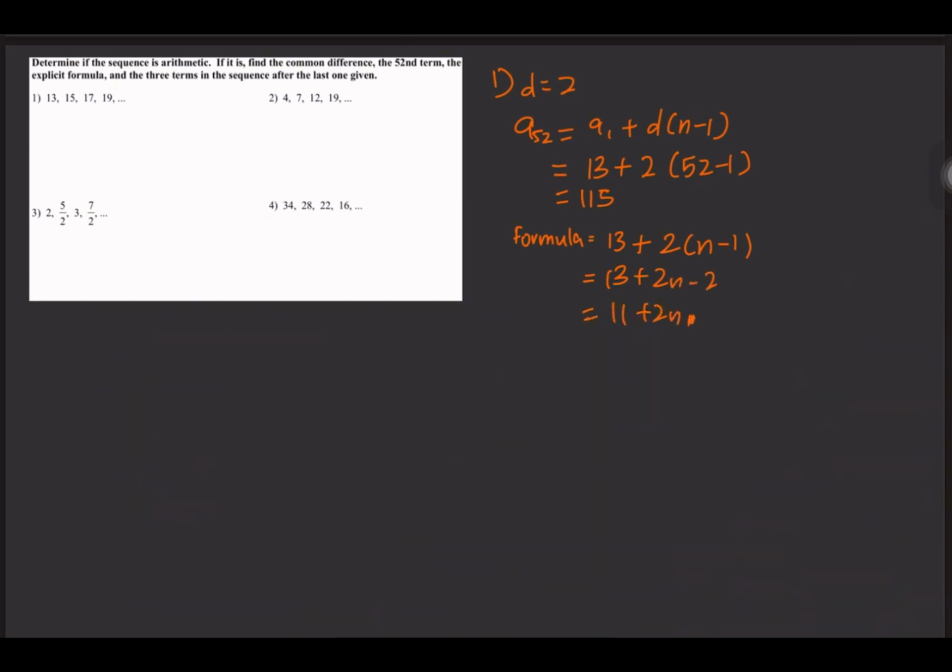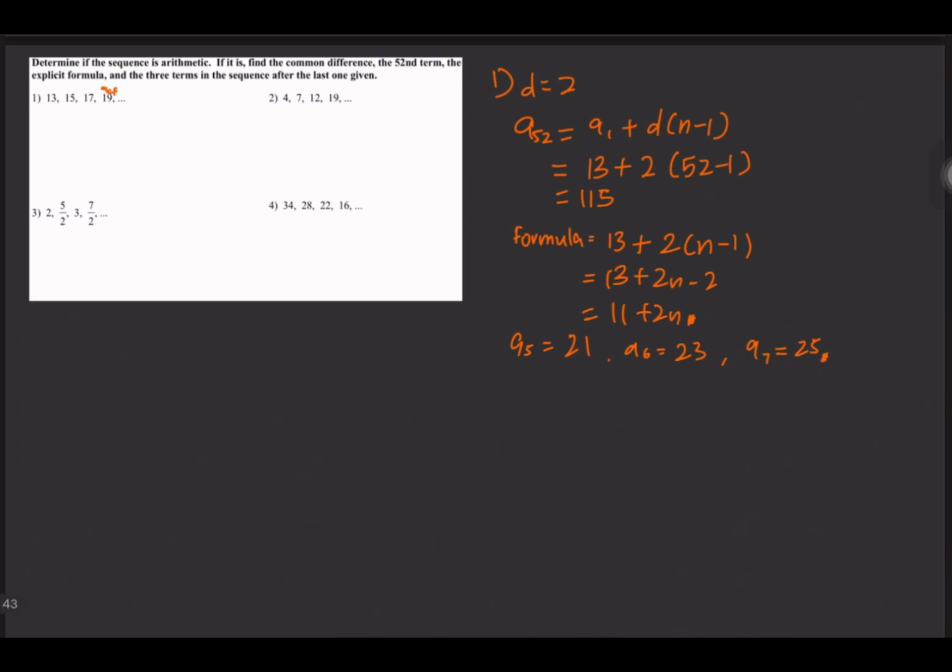And there's your formula. And the next 3 terms in the sequence after the last term given: A4 is 19, so A5 equals 21, A6 equals 23, A7 equals 25. And that's your answer.